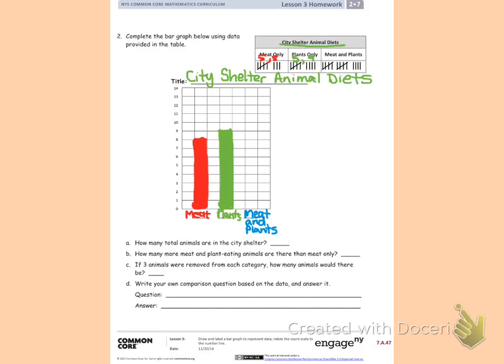Now I'm going to count the tallies. There's 5, 10, and 4 more makes 14. I'll draw my line at 14. Then I will outline and shade.